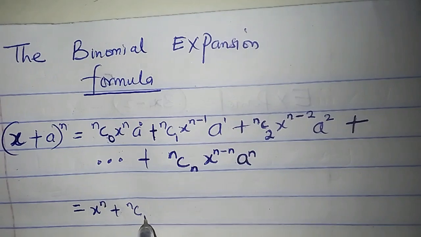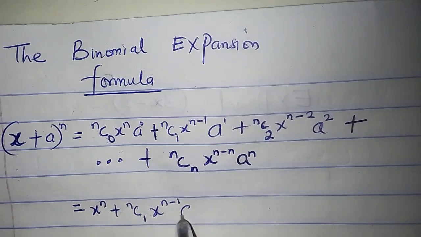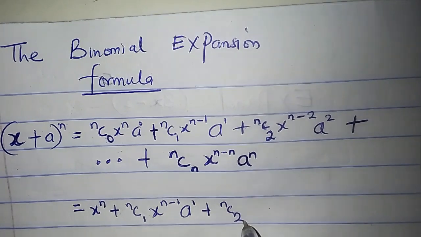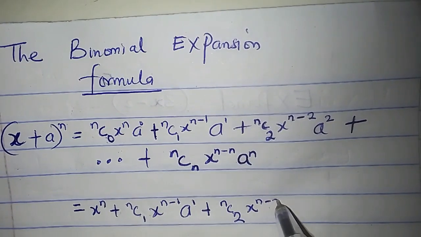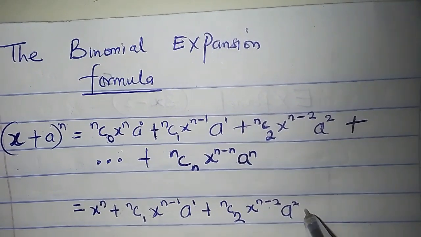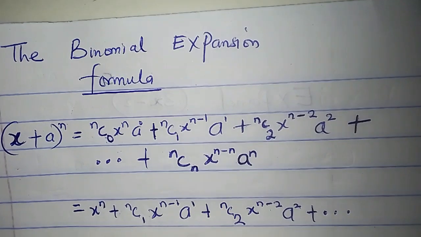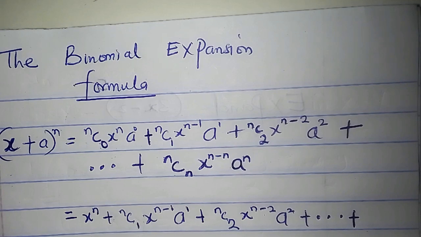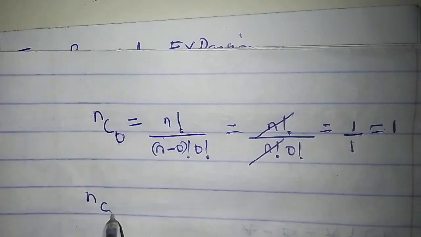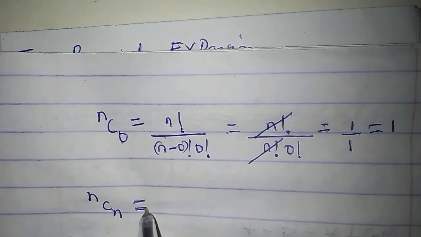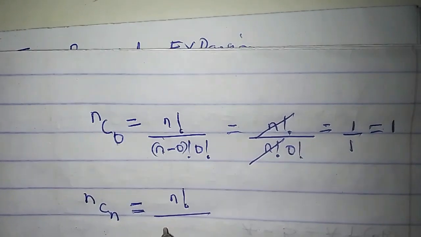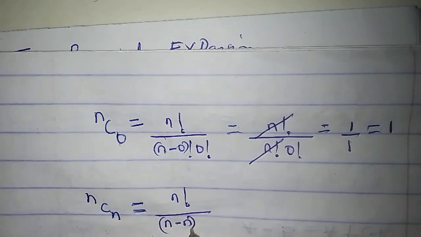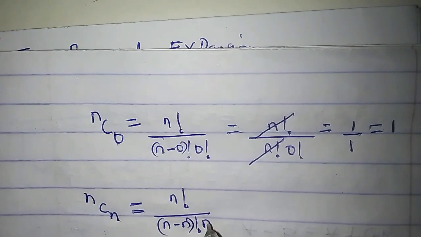Plus nC1, x to the power of n minus 1, a to the power of 1. Plus nC2, x to the power of n minus 2, a to the power of 2. Plus nCn is 1. nCn is n factorial all over n minus n factorial, then n factorial.